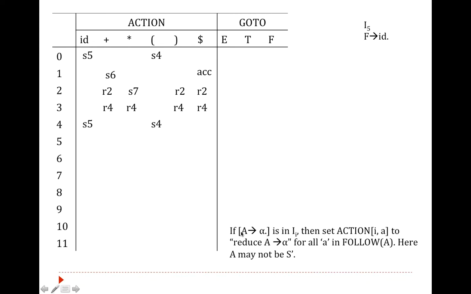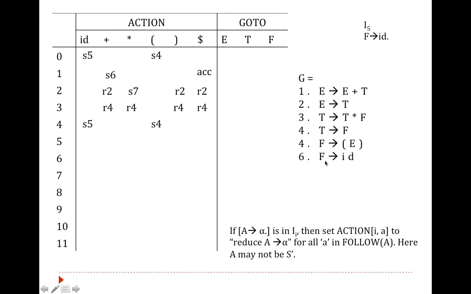Now the next, which is I5. I5 follows this rule, that is A gives alpha dot. The dot should be at the end of the production rule. In this case, we have to find follow of F, and for every terminal in follow of F, we have to set the reduce rule. F gives ID is rule number 6. So R6 will be set.